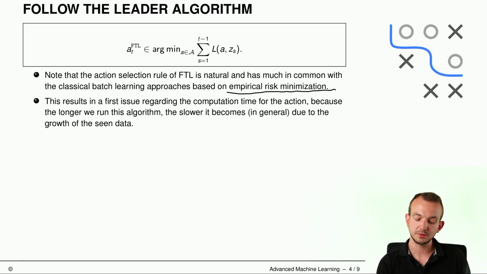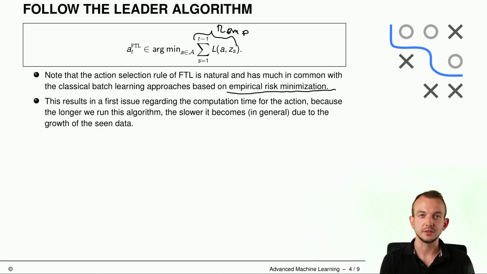So in empirical risk minimization, this would be something similar to your empirical risk you have if you have seen t-1 data points, and then you are asking for, well, for these data points, what is the model in my model class? If we imagine that this action space A is a model class, which model has the smallest empirical risk?